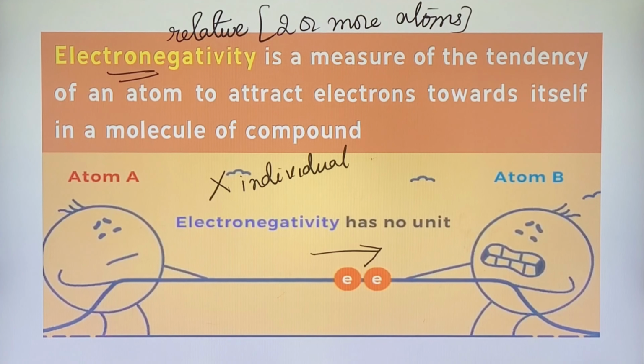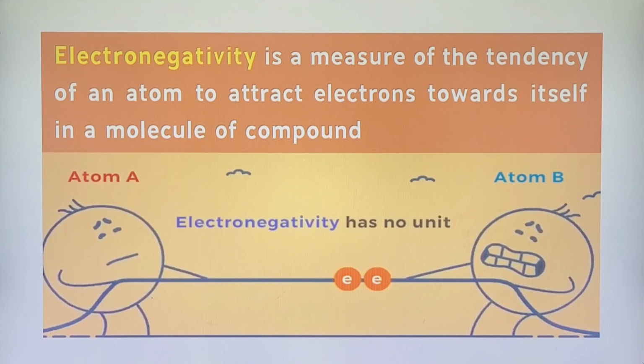Electronegativity is always a relative term. Whenever there are two atoms competing for pulling the shared pair of electrons, the more non-metallic element will pull the shared pair of electrons towards itself. So it is a measure of the tendency to pull or attract the shared pair of electrons towards itself. But this happens only when it is in a molecule of a compound.